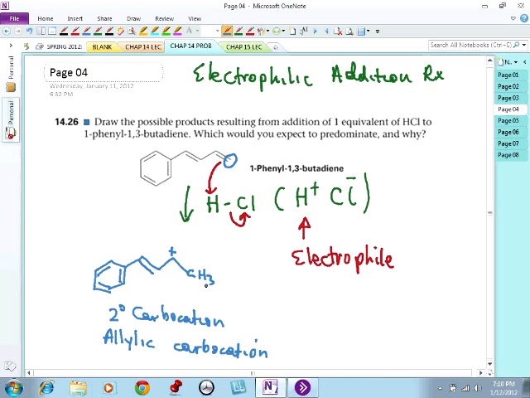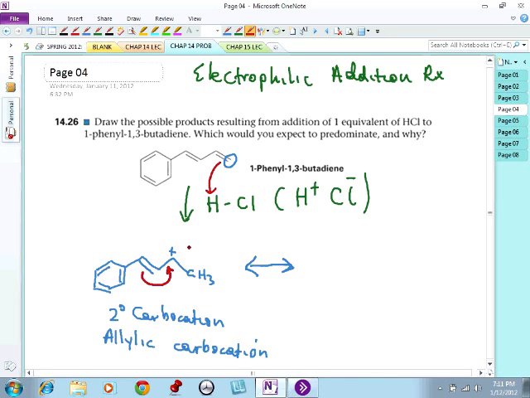So that is the first thing that happens. So once that happens, we could now write a resonance structure for this, in which we could simply move, because of the conjugation, this pi electron to here.